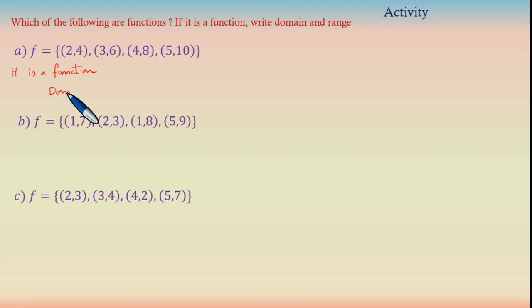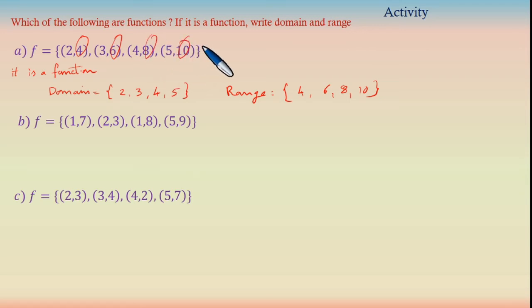The domain of this one is the first component elements 2, 3, 4 and 5. And the range of this one is, check the answers, I hope you did, 4, 6, 8 and 10. The second component elements 4, 6, 8 and 10 are the range of the given function f, question A.